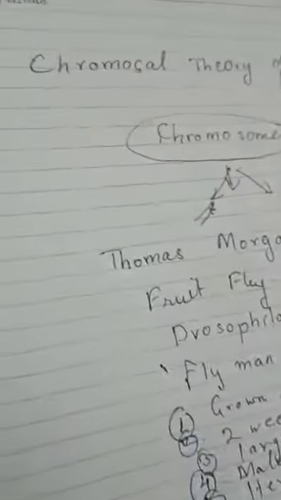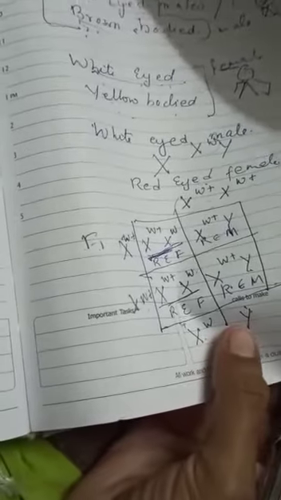Now we will see in the F2 generation what happened. In the F2 generation, we got red-eyed females and red-eyed males.